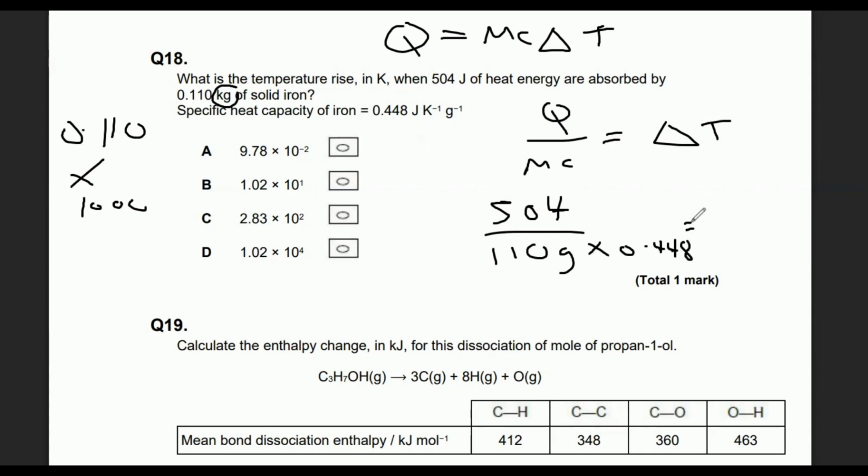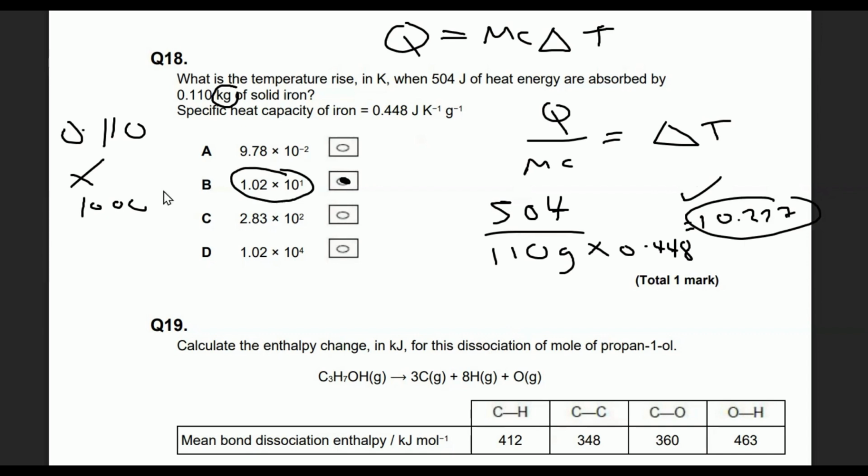You're giving us 504 divided by 110 times 0.448, bosh, bosh, bosh, equals 10.227. And we can see it's going to have to be B, right? Because times 10, you're going to get 10.2 something or other. Yeah, that's lovely. Okay, hopefully you can see that there is the same as, or roughly the same as that there, roughly. Let's move on.